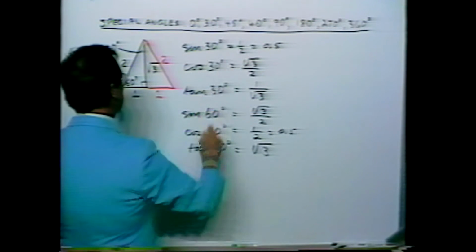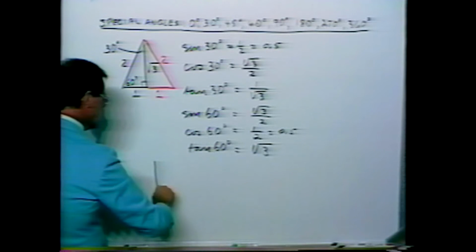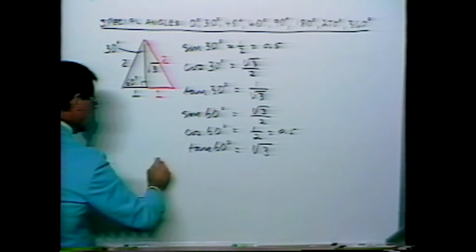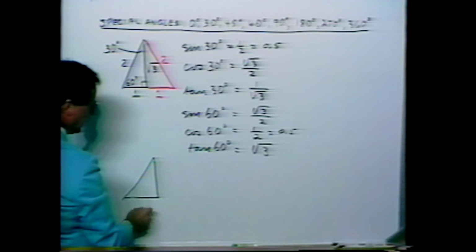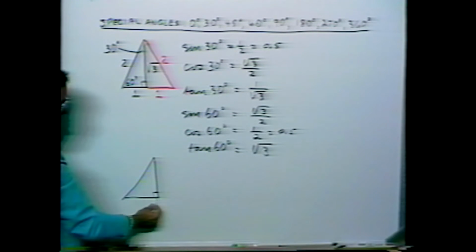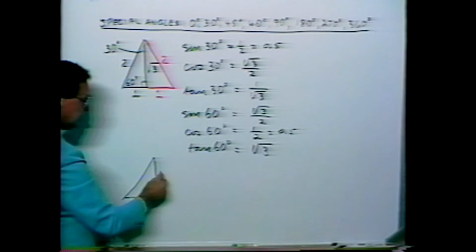Now, for 45 degrees, what we draw is an isosceles right-angle triangle. Isosceles right-angle triangle makes the length here and here each equal to each other, and let them equal 1.